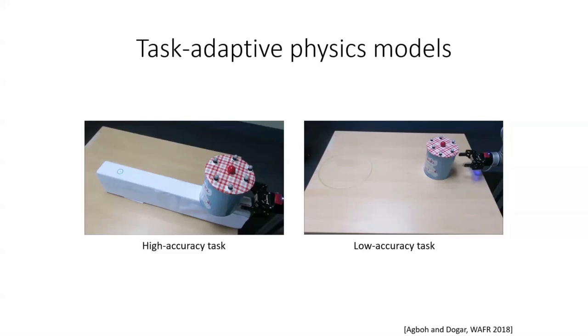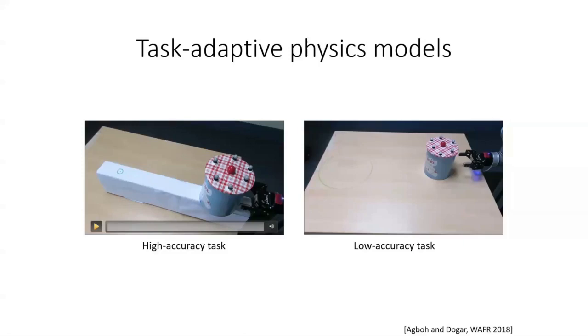And the thing is, we are running the same controller here. Okay? But what you see is that the controller basically adapts to the needs of the task, because in this case, the physics predictions need to be really accurate, because if the predictions are inaccurate, the object may fall off the strip.